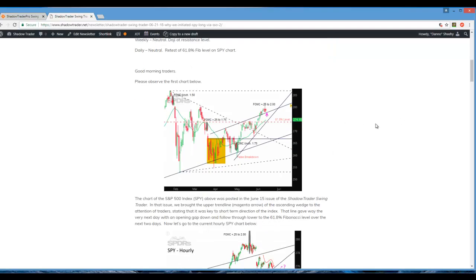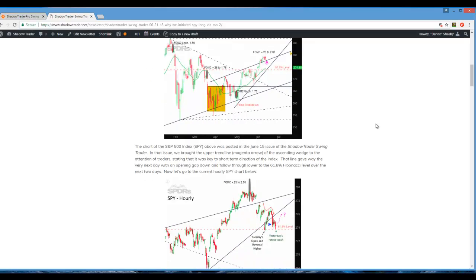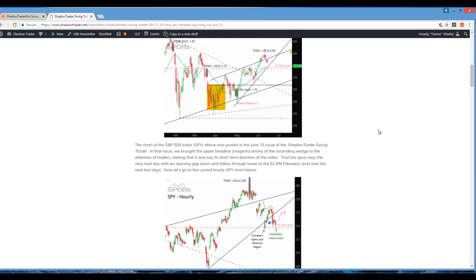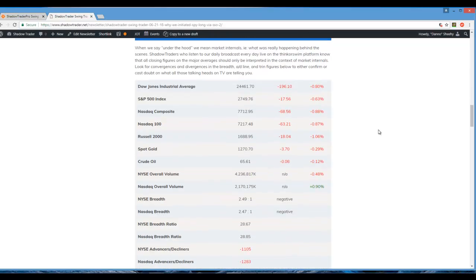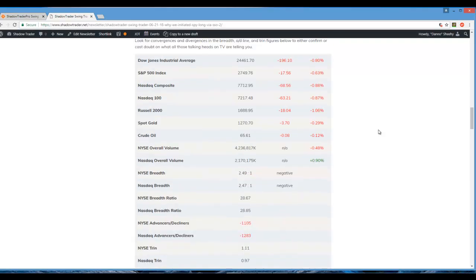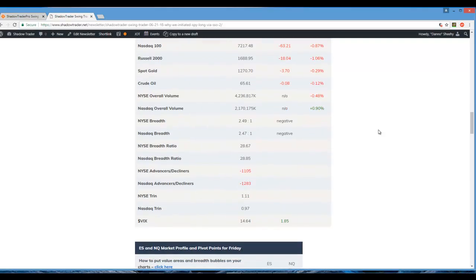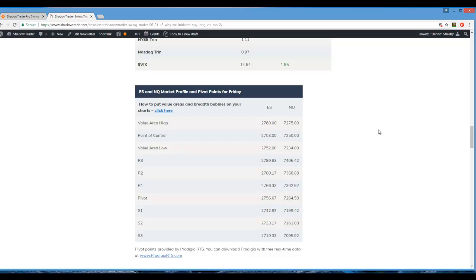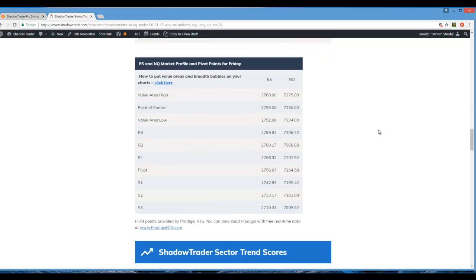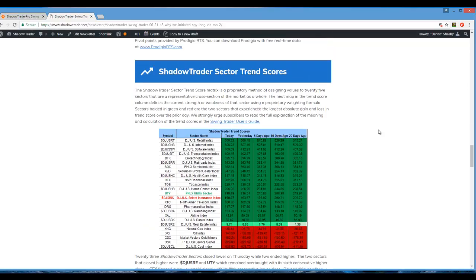And then we have a daily post of either what we see happening in the broad market or in specific individual trades that we think are worth looking at. And then we have a section that lists the results of the previous day, and then we also provide the ES and NQ market profile and pivot points on a daily basis, so you can mark those on your charts.